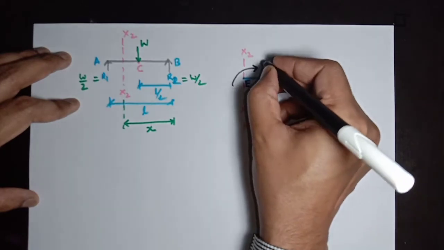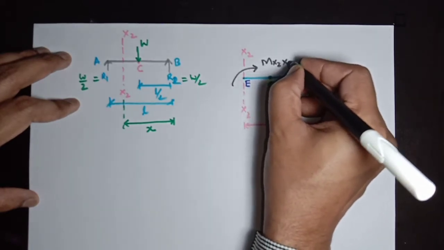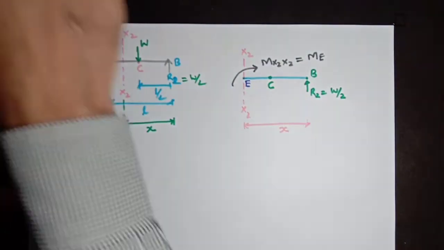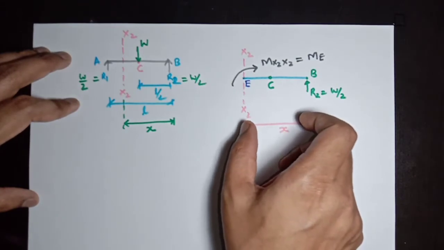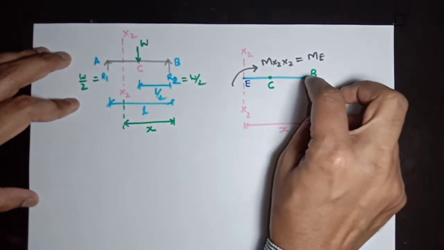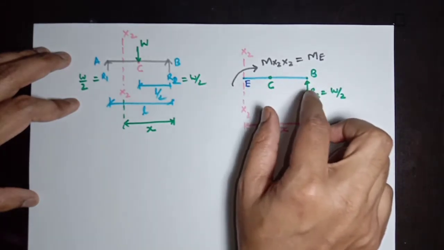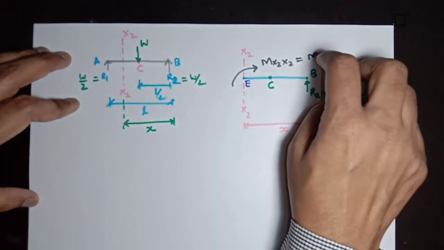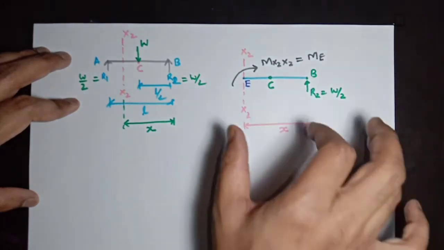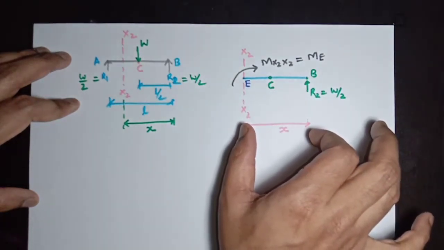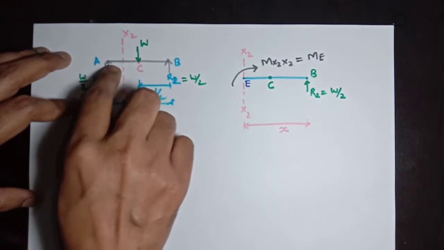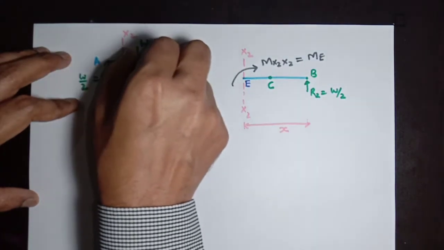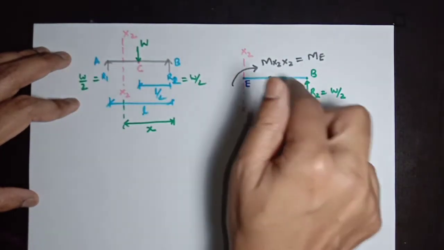This is a moment that will be Mx2 x2, which we can say moment at point E. This is a general moment calculated at a section x2 x2, which is taken from point B at a distance of x from point B. With reference to point B, we are taking section x2 x2, and we are going to calculate moment ME at point E, and this will give the general bending moment at a section x2 x2, which will be left of the point C. The entire length of this beam from point C to A will have a profile that will be calculated from this expression.